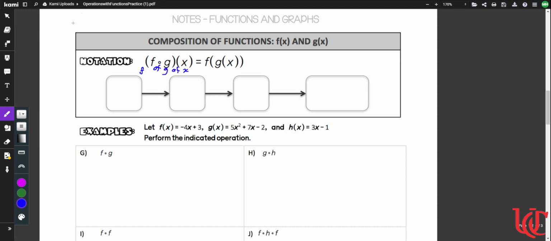So this dot, this is the composition notation. This just means of. So the first thing that I like to do is rewrite my equations. I keep everything in order when we're looking at it, and we substitute stuff in.